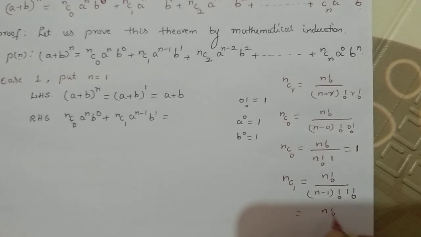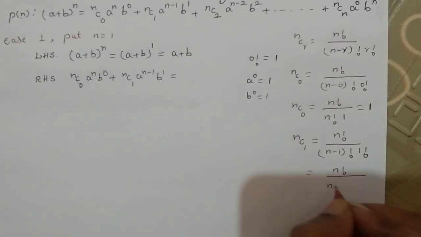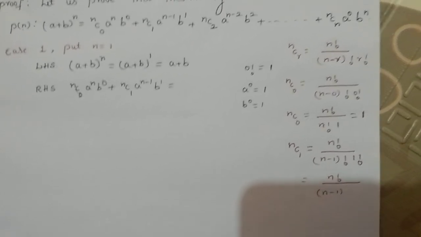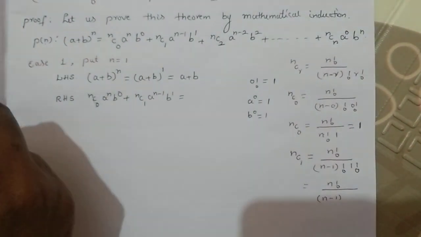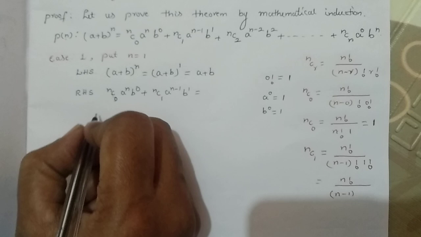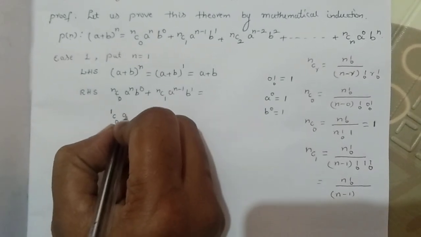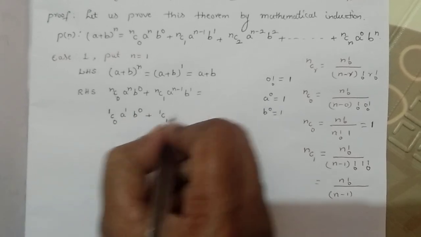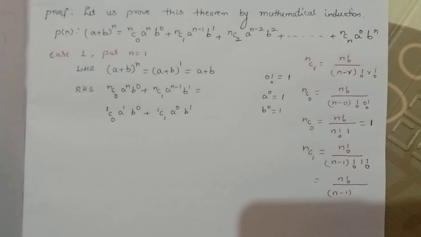Here we need to substitute. The value of n is nothing but 1. So if I substitute n equals 1: 1C0, a power 1, b power 0, 1C1, a power 0, b power 1.